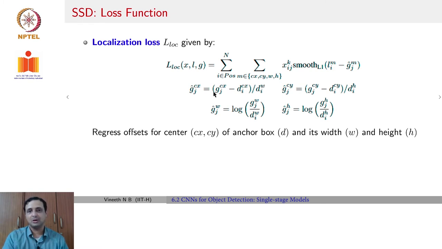You're just ensuring that your GJ represents the correct offset with respect to the anchor box under question, and you're normalizing it with respect to the width and the height for the X and Y dimensions. And this quantity here is the exponential factor that we were using to scale the width and the height.